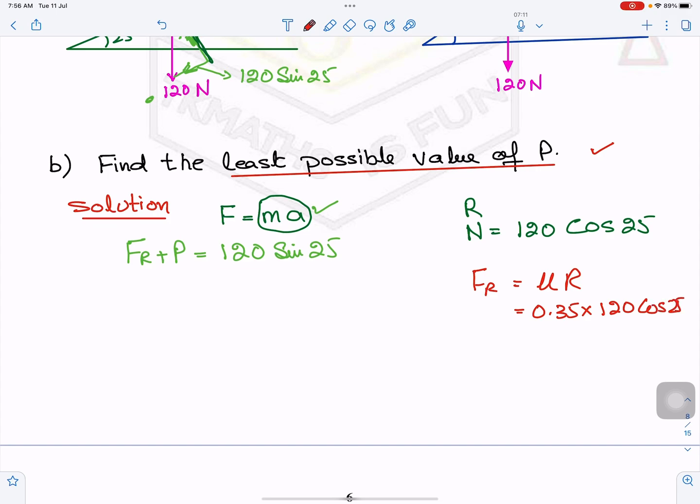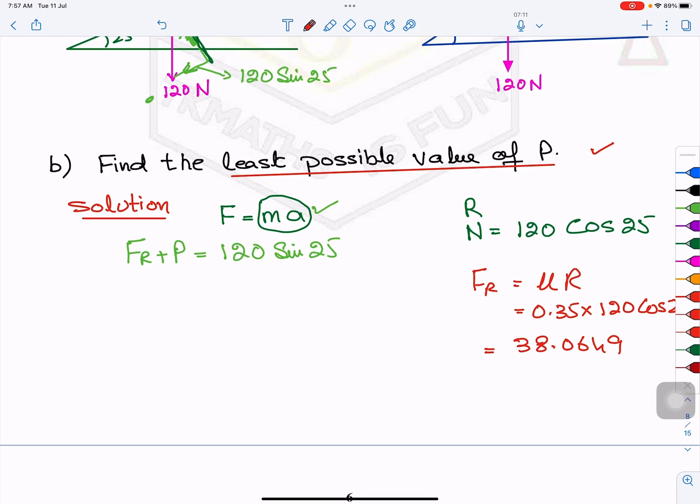Okay, so let me take a calculator and solve it. 0.35 into 120 cos of 25 is equal to 38.0649. Usually I use the whole value given in the calculator.